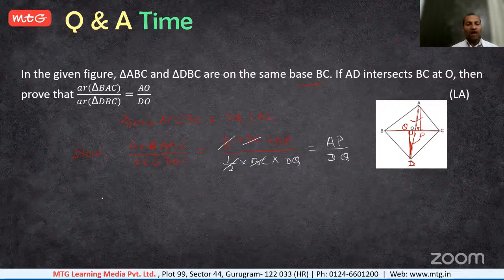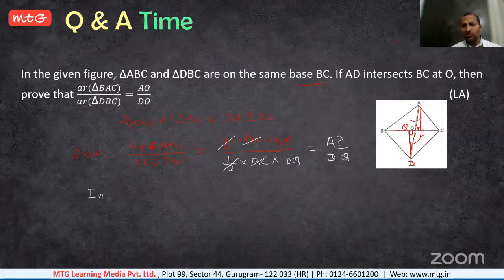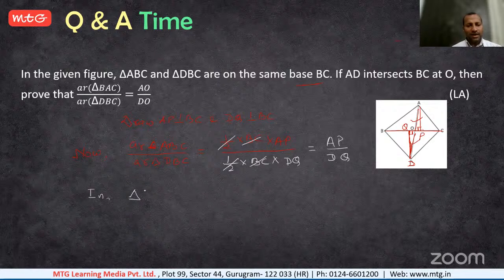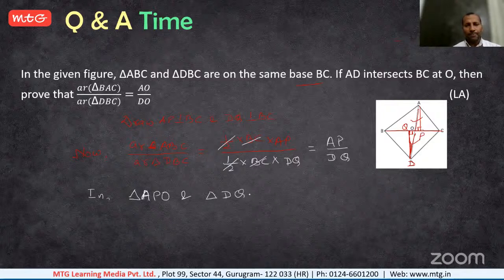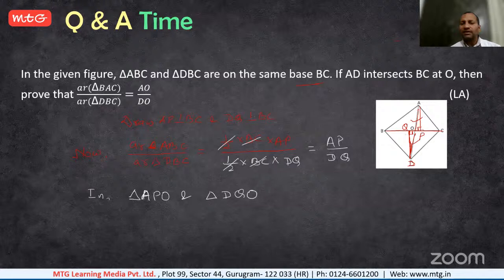Now what will we do? We will take these two small triangles, triangle APO and triangle DQO. Here two angles are right angles, 90 degrees.